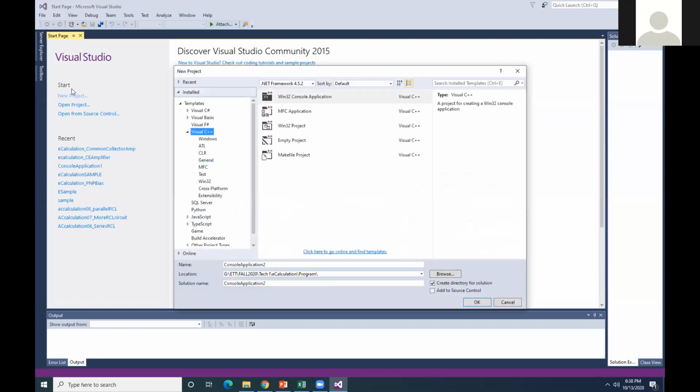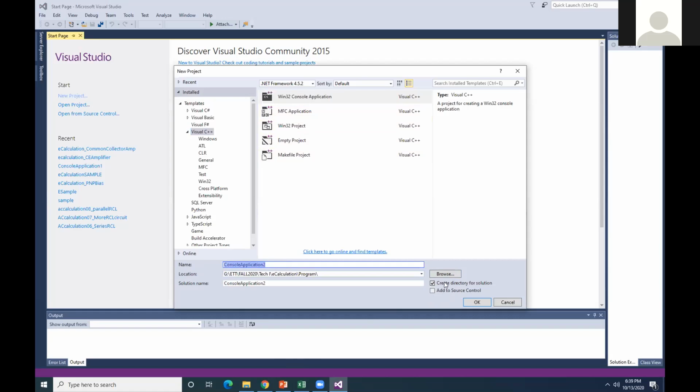Also, I can tell you if you get any problem and you don't know what to do, then you can get on Zoom with me. I can help you out. Okay, nothing can be done without understanding. So you select Win32 and you can type in the name of your project here. Any name. In this case it will be CB calculation CB amplifier, but I don't care.